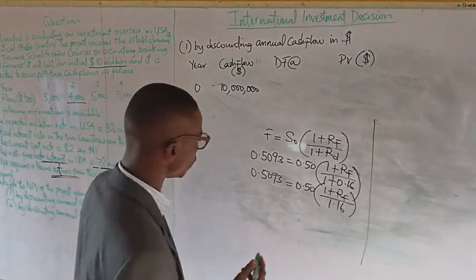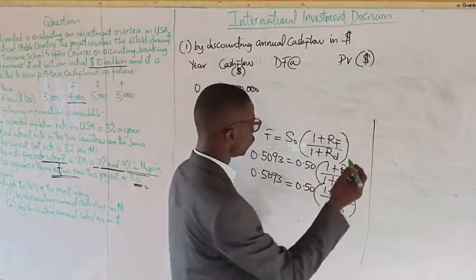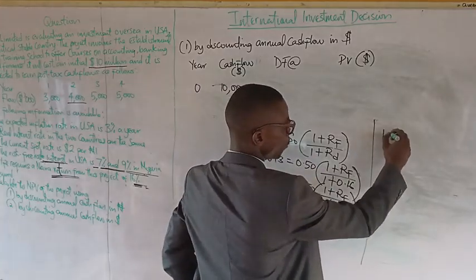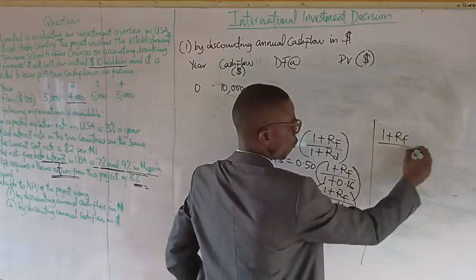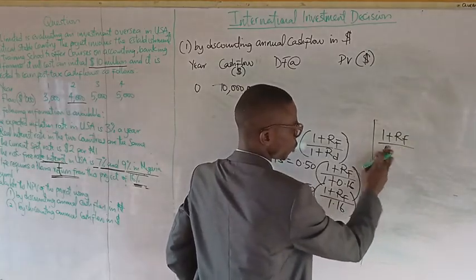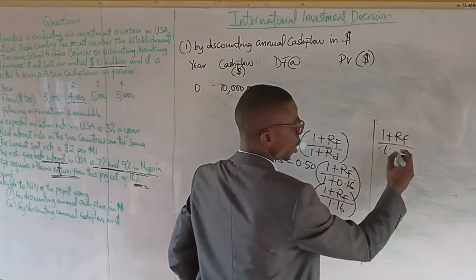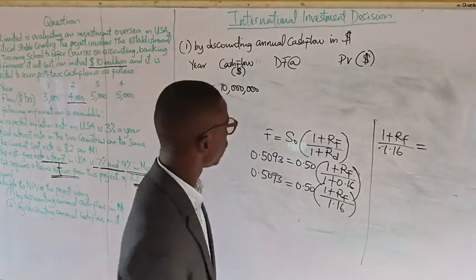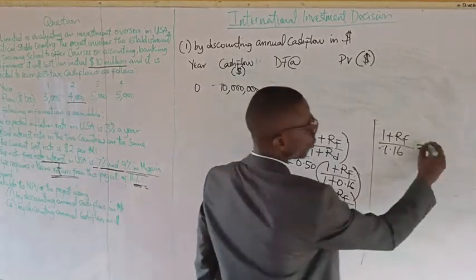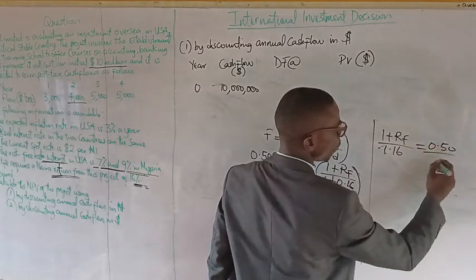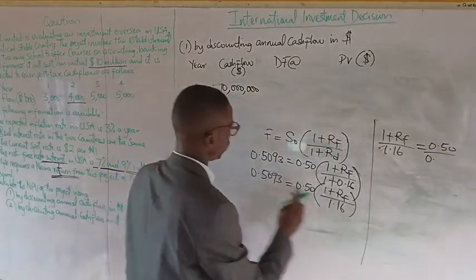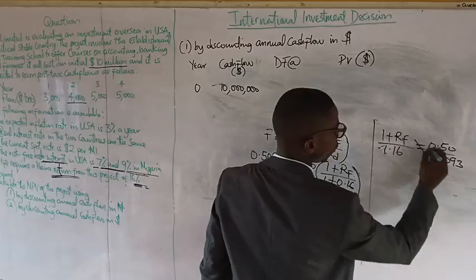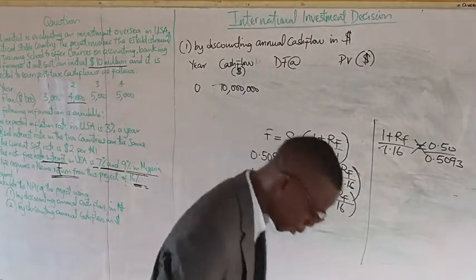Because I think the time is fast approaching. This is still the same formula. Just add 1 plus R over 1.116 equals the spot rate 0.50 divided by the forward rate 0.5093. So cross multiply.